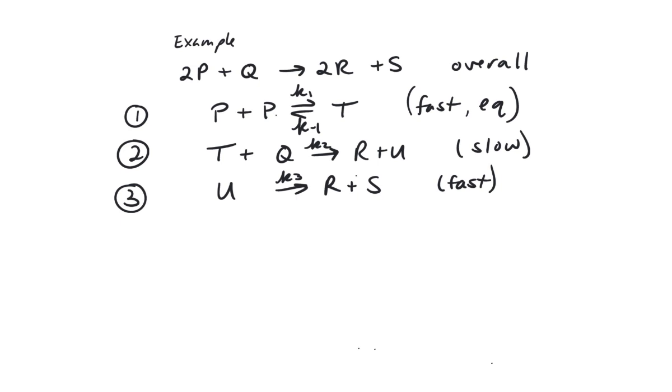We're going to start again with our slow step. Based on the slow step, we can write a predicted rate law because this is an elementary reaction. Rate equals k2, the rate constant in the second chemical equation, times the concentration of T times the concentration of Q. But we know that T is an intermediate and it cannot show up in the rate law.